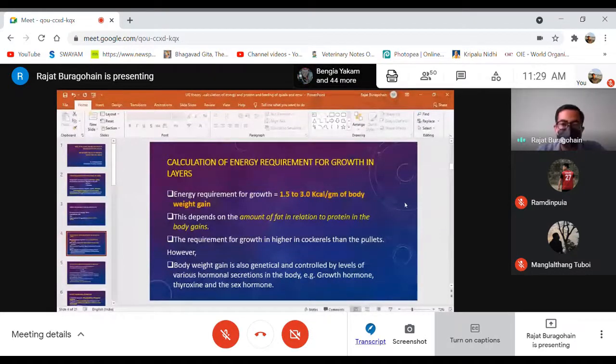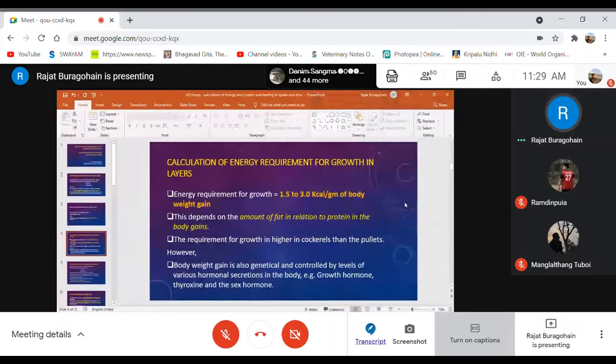That means it is genetical and also hormonally controlled. And when it is genetical, definitely hormonal secretion will be different according to their genetics, so this hormonal secretion will also be related with the growth rate.